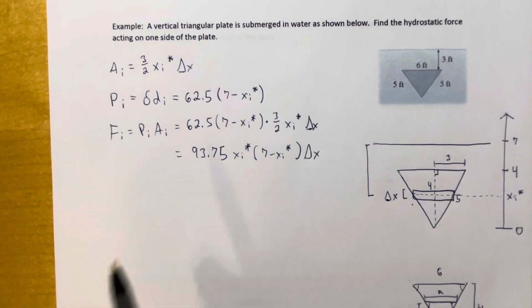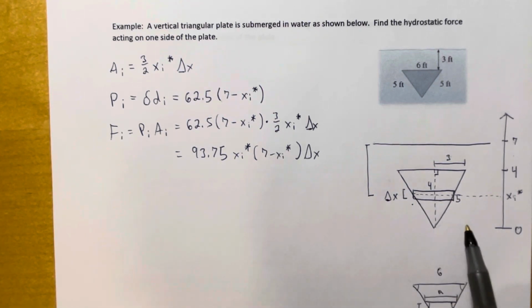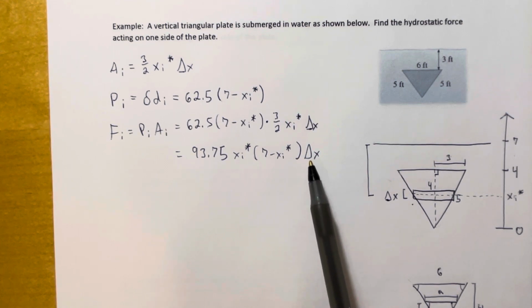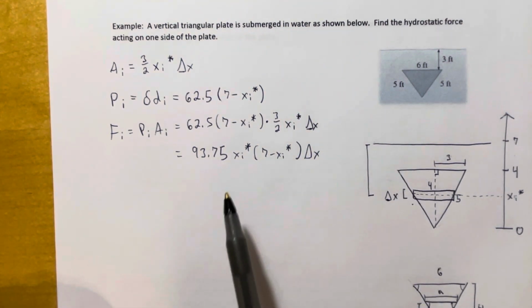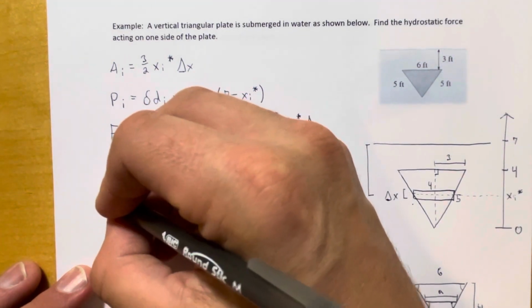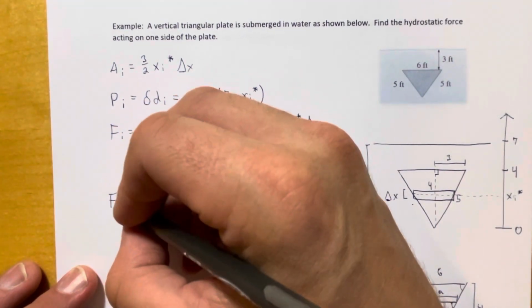So if I applied a limit as n, the number of subintervals, goes to infinity, the Riemann sum that I get from this would lead to a definite integral. So what does that definite integral look like?